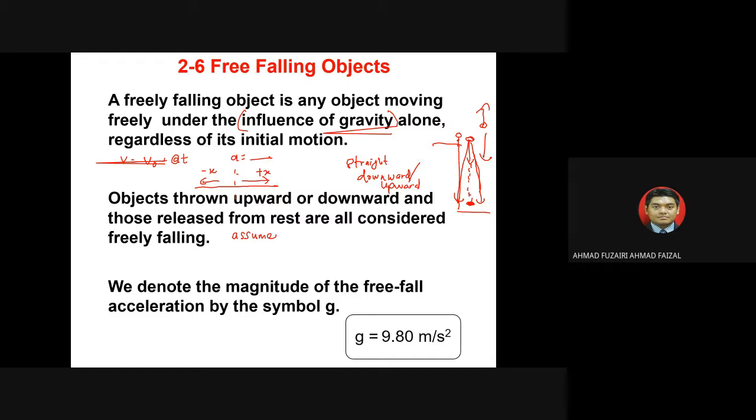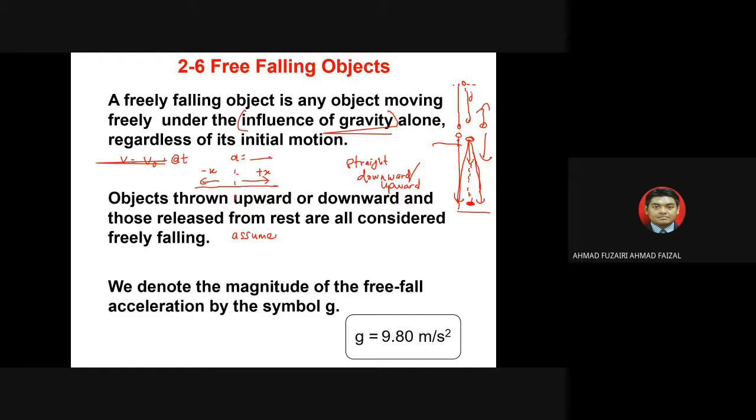The influence of gravity. That means you didn't throw it, you just release the stone. Or maybe you want to throw the stones upwards. The question must tell you that the stone is going straight upward, reaches the maximum level, and then goes straight downward.